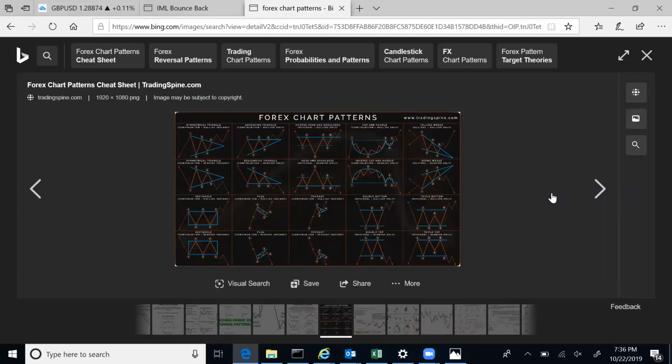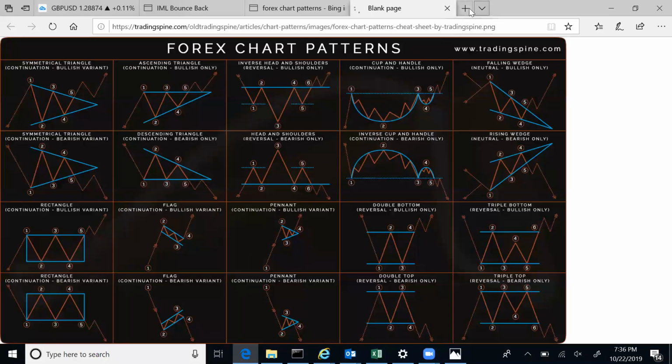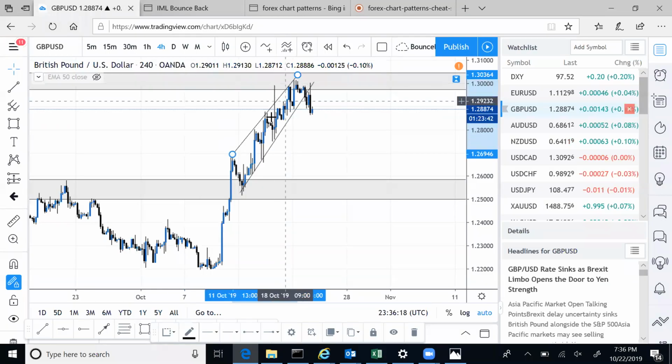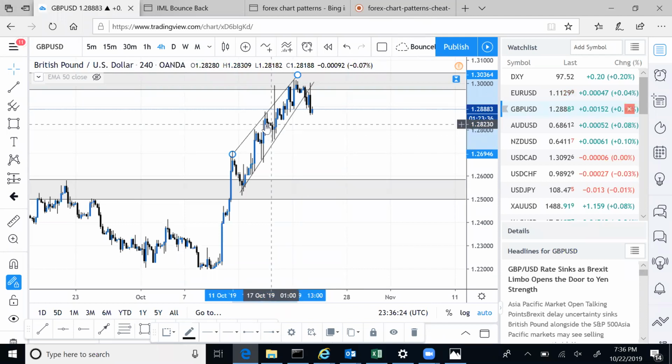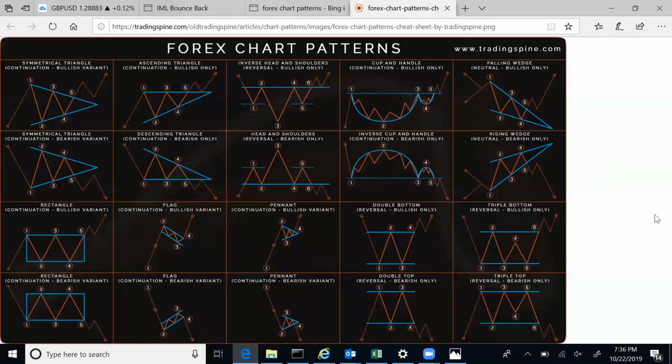Can somebody tell me which one of these patterns this is here on GU? So look at it here on GU, and now look at the Forex chart pattern and tell me which one it is.